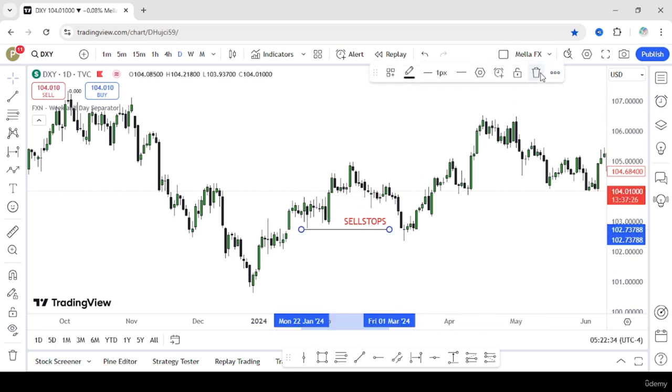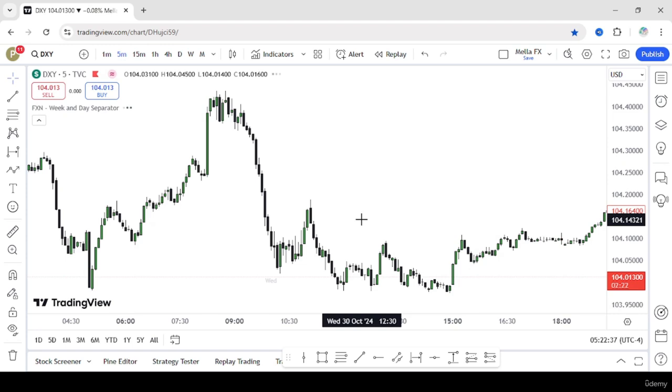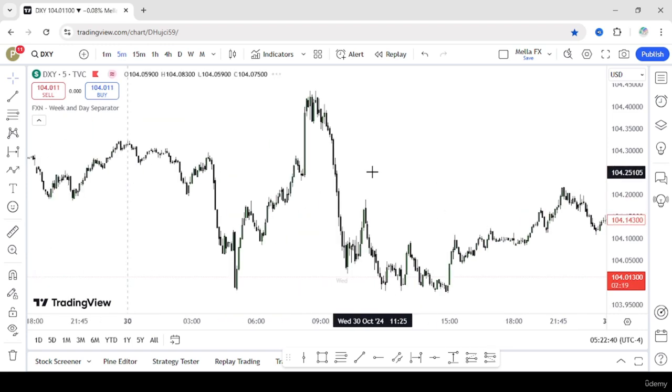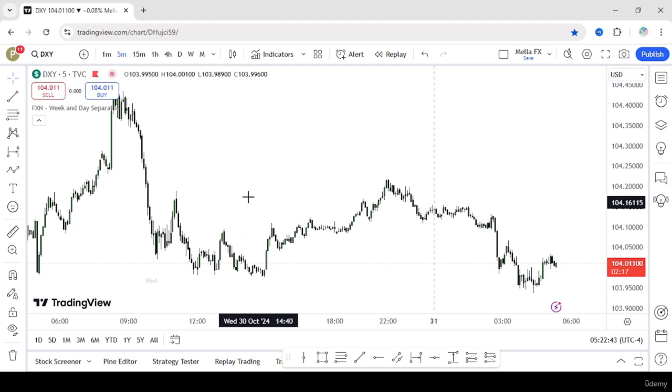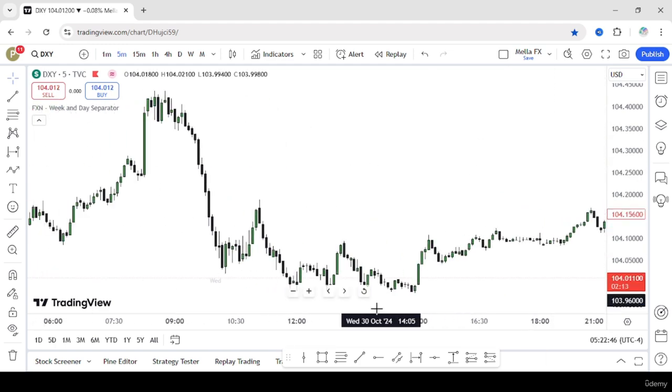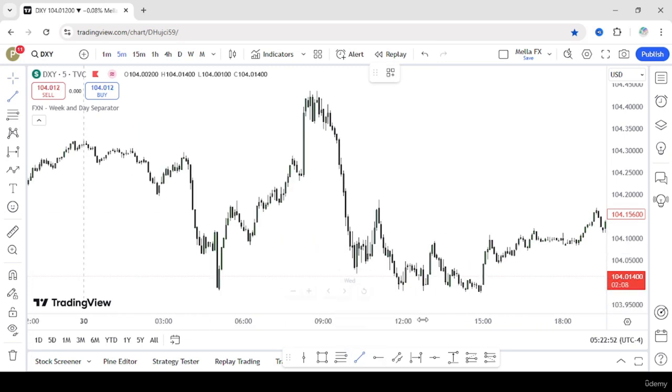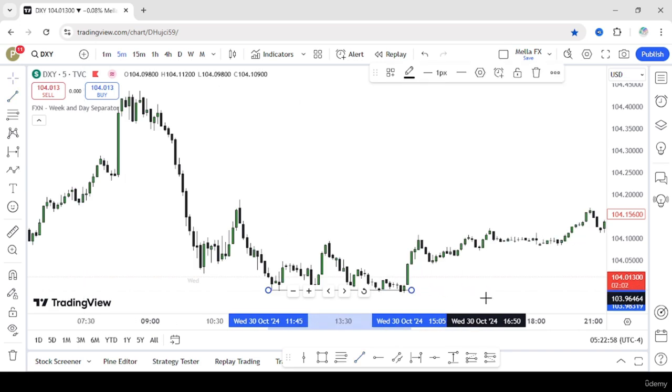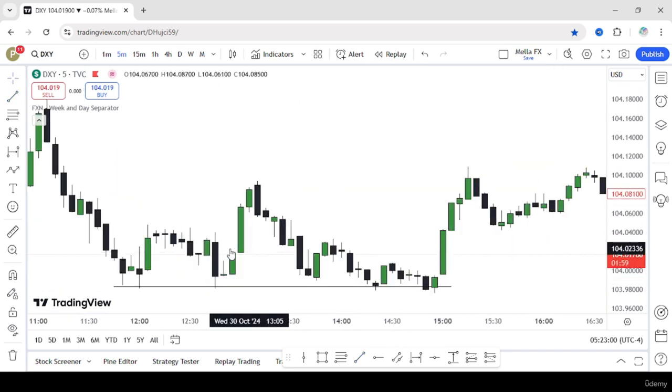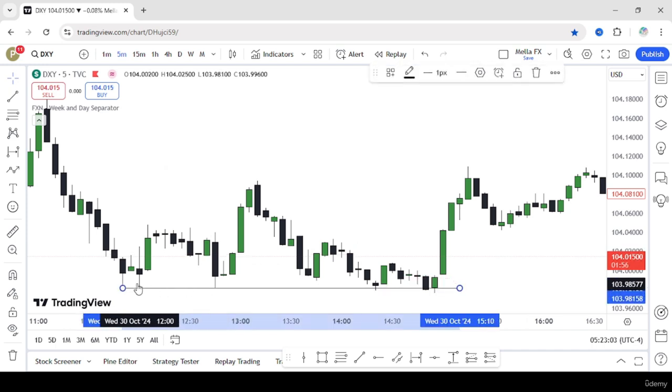Let us look at more examples in lower time frames, the 5 minute and 1 minute charts. In the 5 minute, we just come and outline this swing low. When we get relatively equal lows, we can see that this low was at 103.981, and the next one was 103.981.